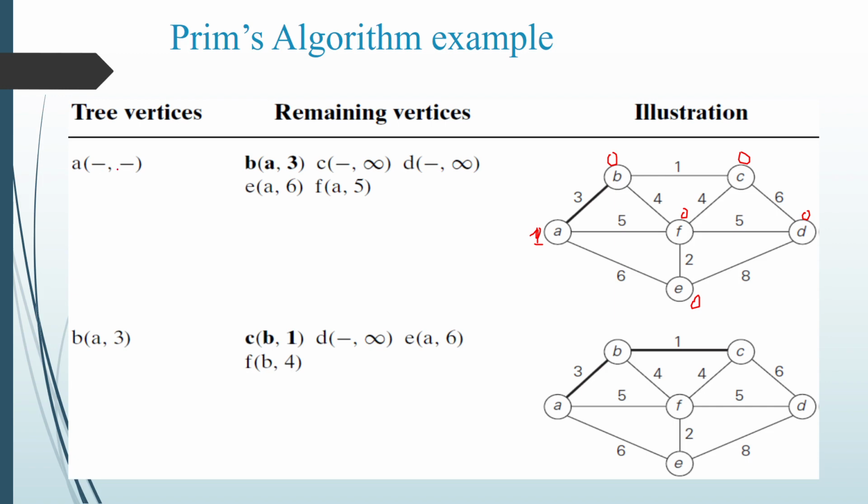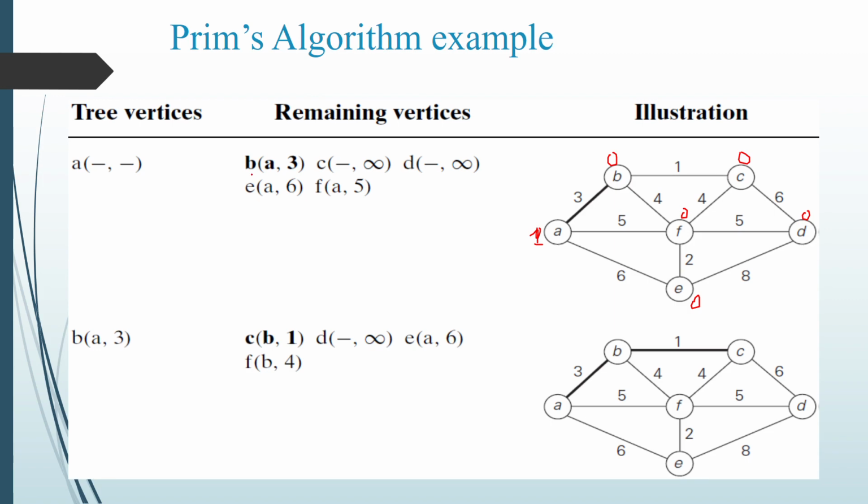That's why it is dash comma dash here. Now this vertex I visited. The remaining vertices which are left unvisited, you have to list here. Which are the remaining vertices? B, C, D, E, F. See here, B, C, D, E, F. These are the vertices which are not visited.